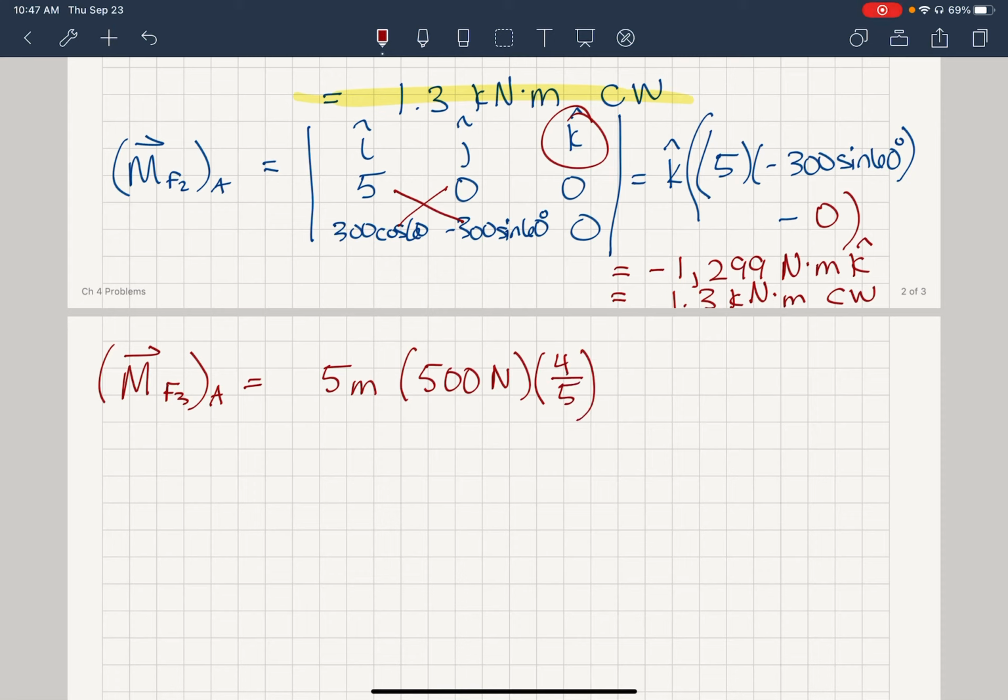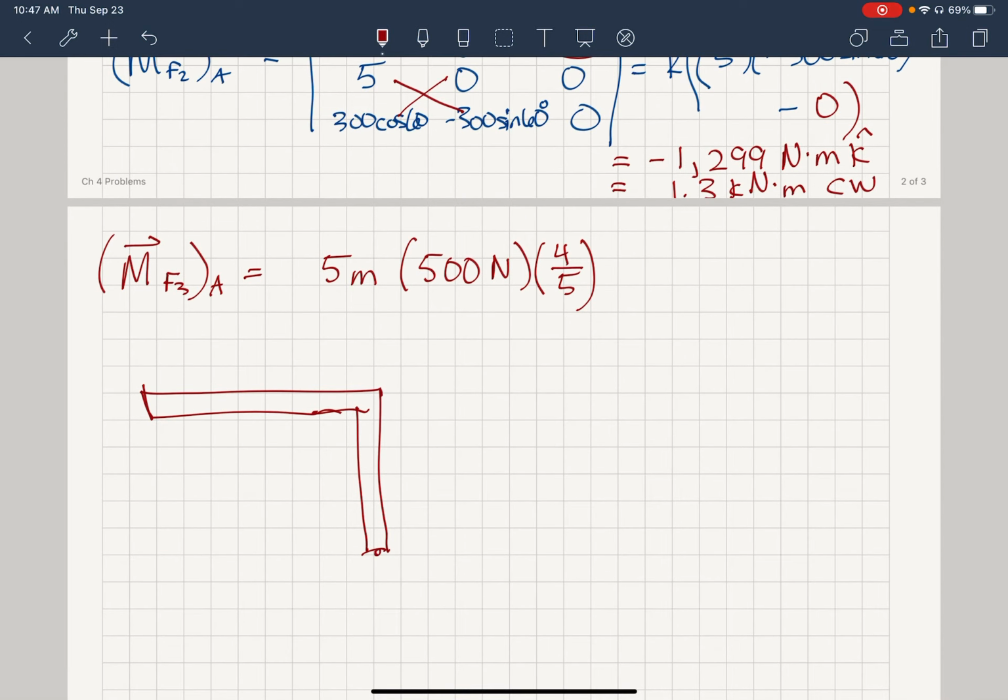We're basically breaking that force into 2 components: F3 in the x direction, F3 in the y direction. For this one, we want this distance, from here to here, times that F3 component. And if we do the right-hand rule, that's going to give us a negative moment.